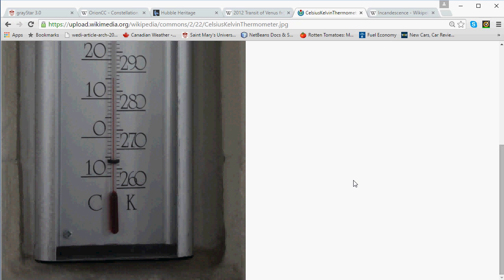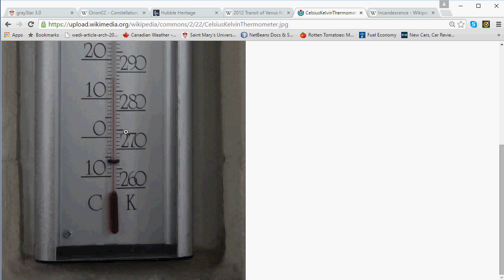By definition, a temperature of 0 kelvins is equal to minus 273 degrees Celsius. So on the Kelvin scale, the 0 point is 273 degrees lower than it is on the Celsius scale. So as you can see in this picture here, 0 degrees Celsius corresponds to plus 273 Kelvin.